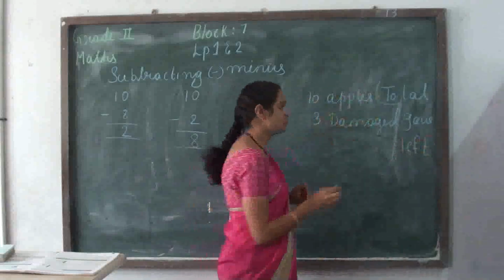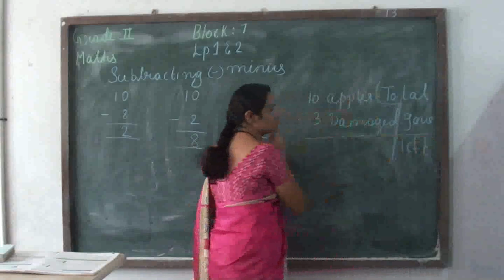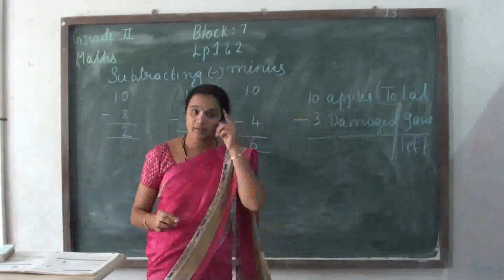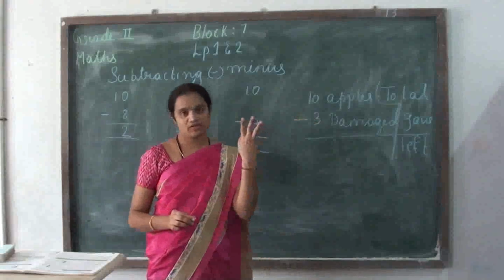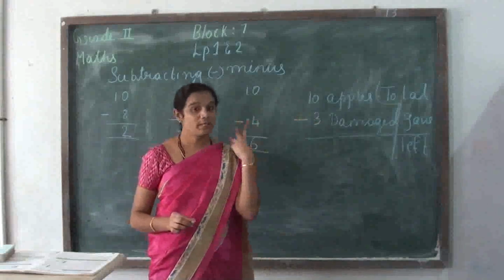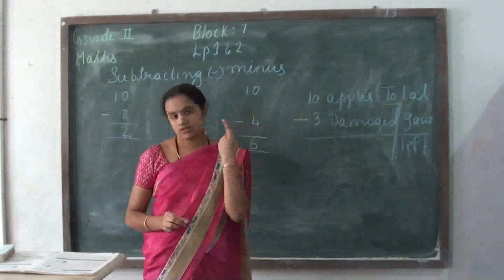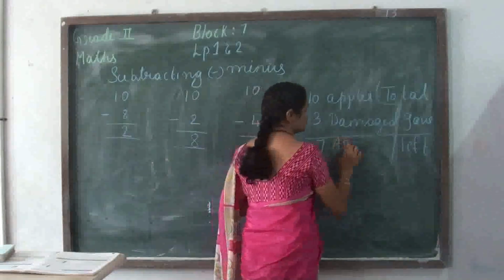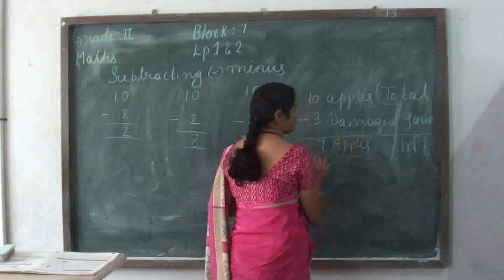This you have to find out. So 10 minus 3. 10 in the mind, 3 in our fingers. 10 back, 9, 8, 7. Yes, 7 apples were left with you, isn't it?